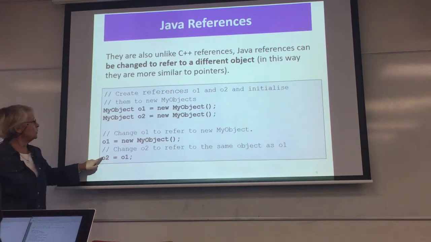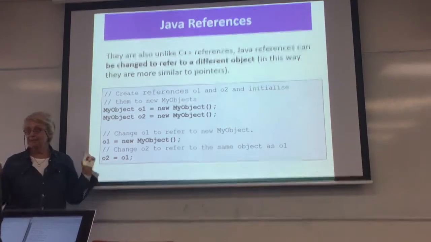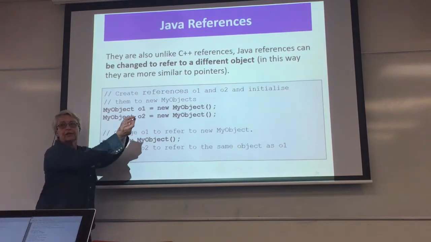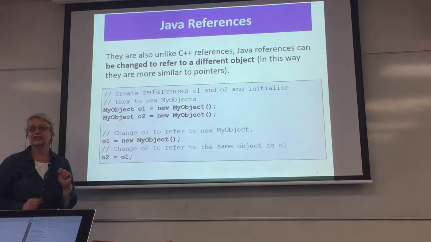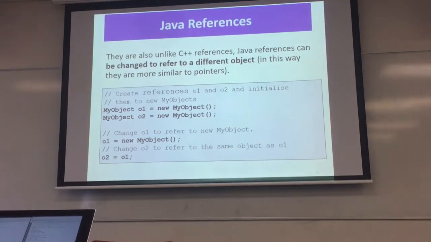And I'm saying here, O2 was assigned this. Now when we use assignment, you will see, in fact, we have the same memory location. The assignment between reference variables like this works with memory location.